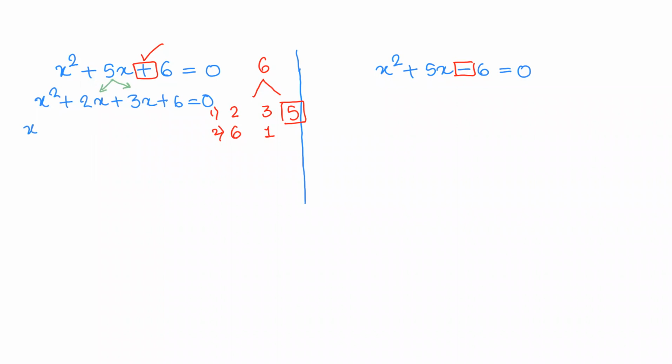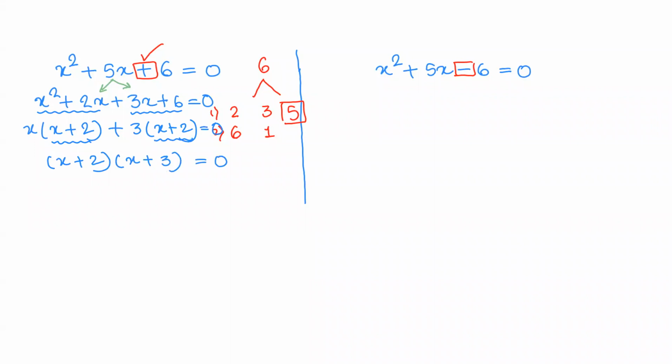So we take out x common from the first two terms, we get x plus 2. From the next two terms, we take out 3 common. What remains inside the bracket is x plus 2, equals 0. Now we take out x plus 2 common, because it has come the same in both brackets, and then what remains is x plus 3 equal to 0.